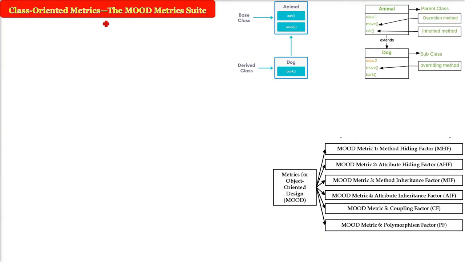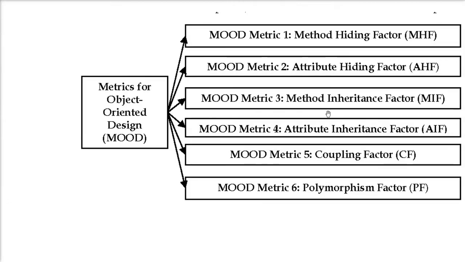Object oriented metrics. The MOOD metrics suite. Now MOOD stands for Metrics for Object Oriented Design. So we will get a quantitative measure for the design, and this is a suite; that is, this is not one metric.